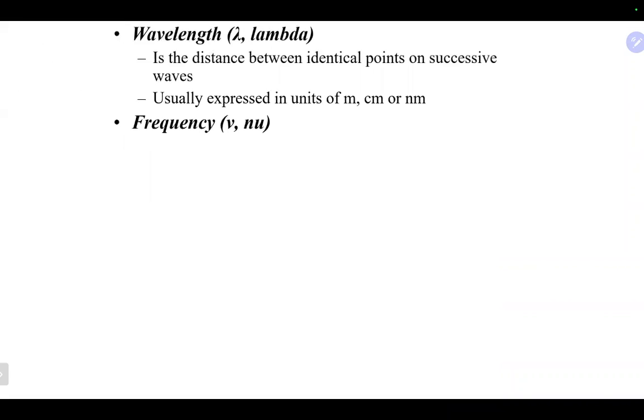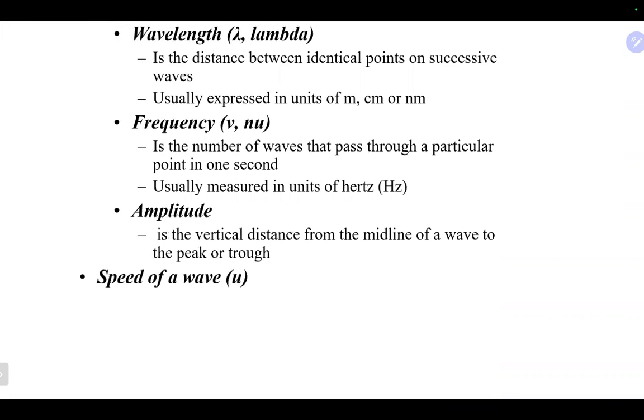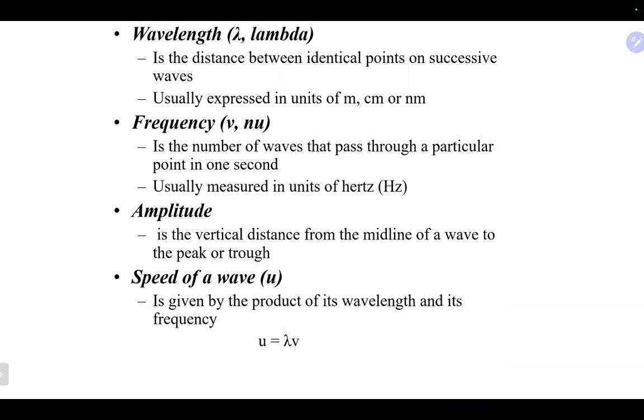Some important parts of a wave, and we'll talk more about it in this chapter. First off is the wavelength, which is sometimes abbreviated with the lambda symbol. If you've got a wave moving, the distance between two peaks, or troughs, which would be the bottom, is the wavelength.